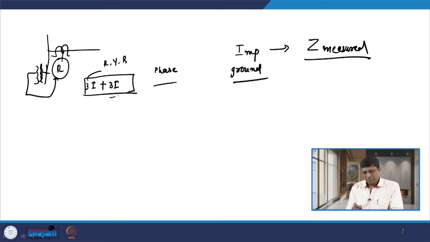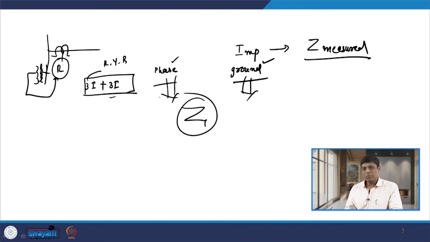So, whenever we talk about either the phase distance relay or the ground distance relay, it has to measure only the positive sequence impedance from the relaying point to the fault point. So, what value of current and voltage we give to the distance relay, so that for each and every type of fault it measures the correct value of impedance from the relaying point to the fault point, is our next discussion.